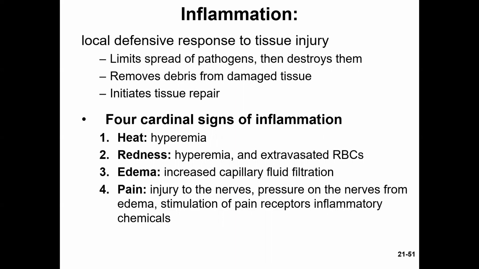There are 4 cardinal signs of inflammation: heat or hyperemia, redness, that's hyperemia, and swelling, edema, which is increased capillary fluid filtration, and pain, which is injury to the nerves, pressure on the nerves from edema, or stimulation of pain receptors by inflammatory chemicals. Also, we can include with inflammation, there's also a loss of function.